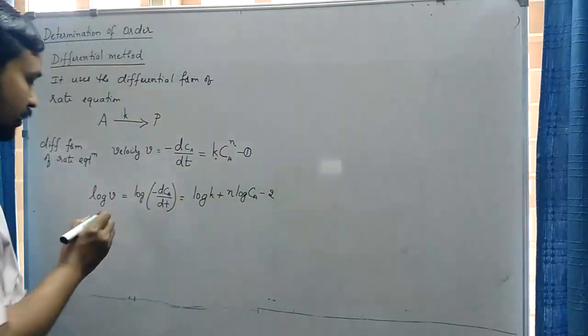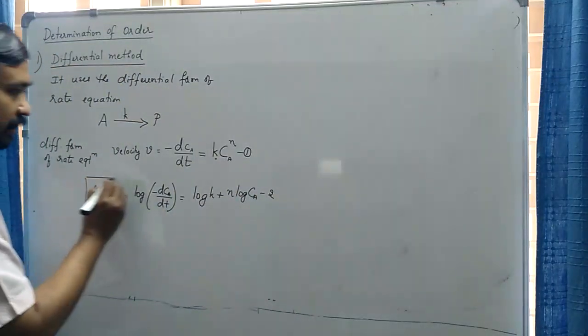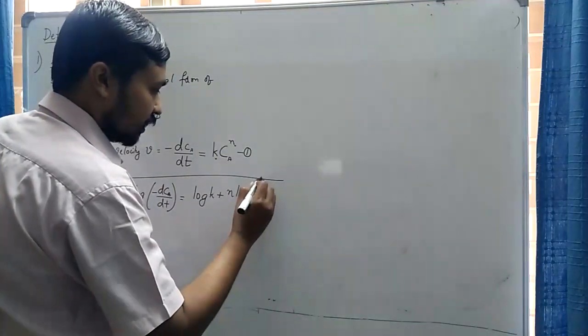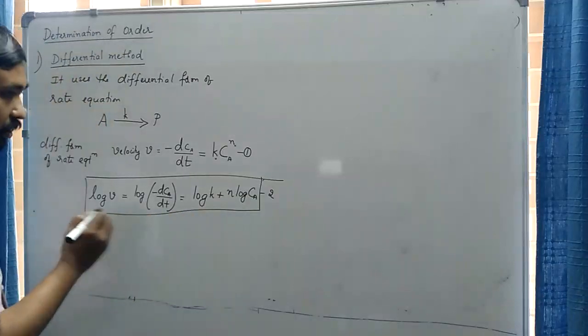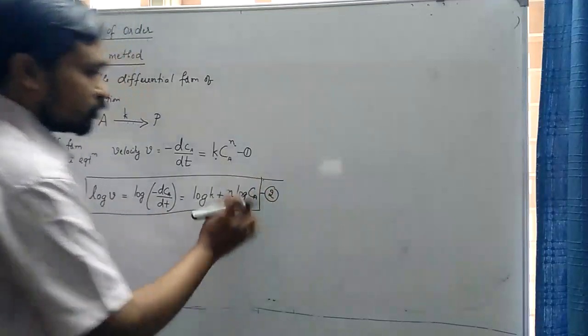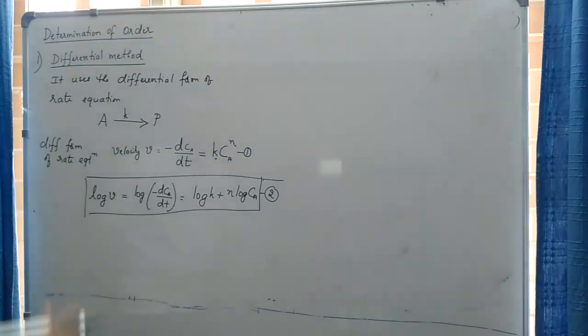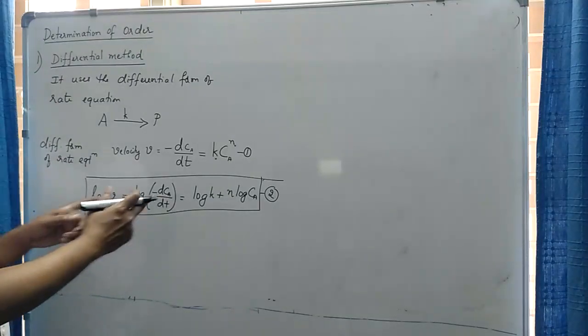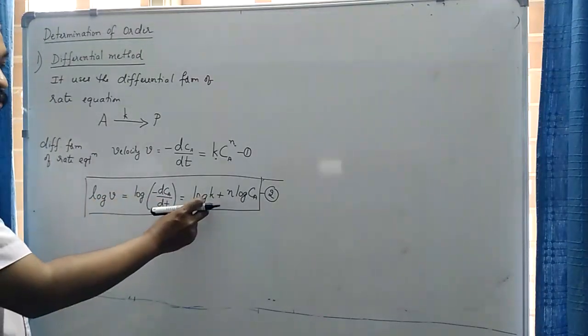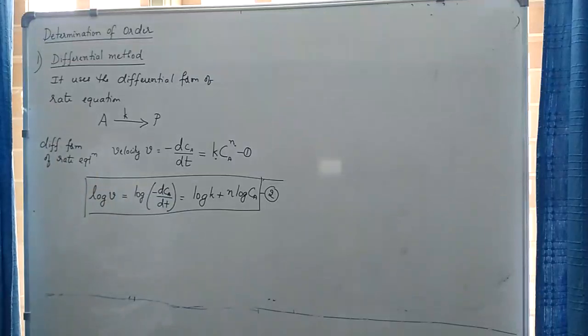So this is the equation that helps us in determining the order of the reaction. These two equations are the very important equations in the differential method. So log of rate of the reaction is equal to log K plus n into log Ca.